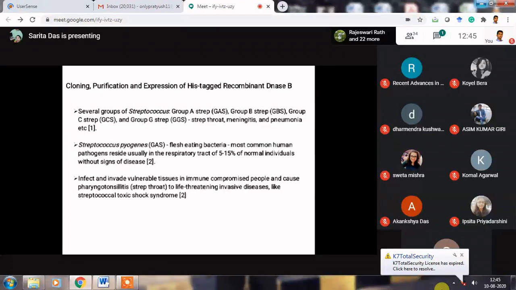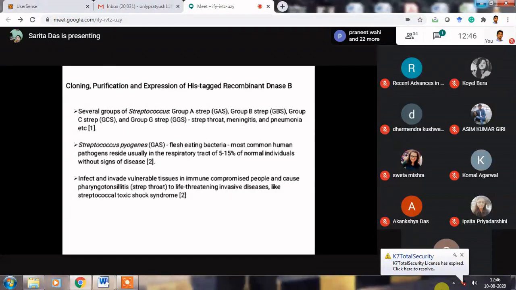Streptococcus pyogenes is commonly called the flesh-eating bacteria because it damages the soft tissue and causes necrotizing fasciitis. It is the most common human pathogen and is present in the respiratory tract of 5 to 15% of normal individuals without any sign of disease. They infect and invade vulnerable tissue in immune compromised people.